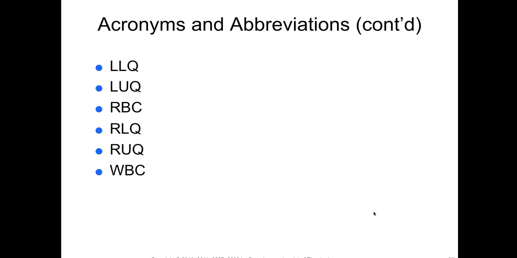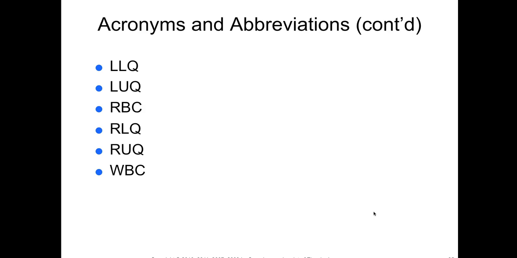Okay, last thing that we are going to cover are acronyms and abbreviations. So we have LLQ. We saw this before in our quadrants. So this means left lower quadrant. LUQ means left upper quadrant. RBC stands for red blood cells, or it can also refer to red blood cell count.